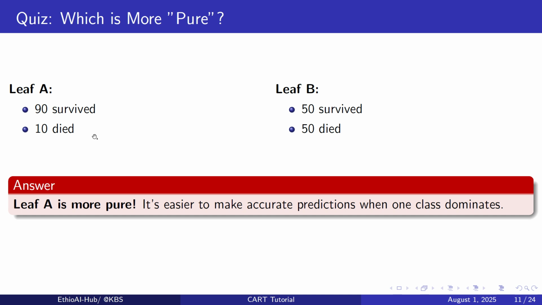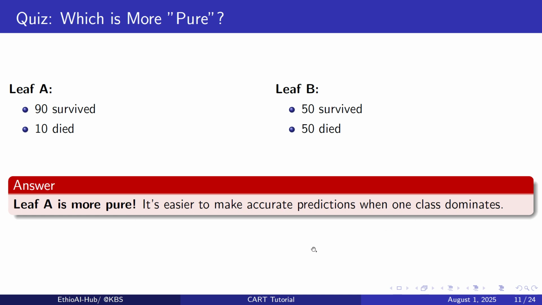Here, purity means, think of gold: when compounds and alloys get mixed in, the purity decreases. When it is solely gold, the purity is high, and as the others are extracted and removed, it gets more pure. So we have 90% survived and 10 died, so leaf A is more pure. It is easier to make an accurate prediction when one class dominates.